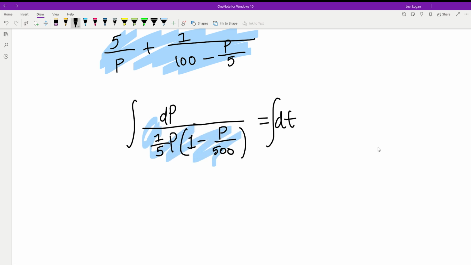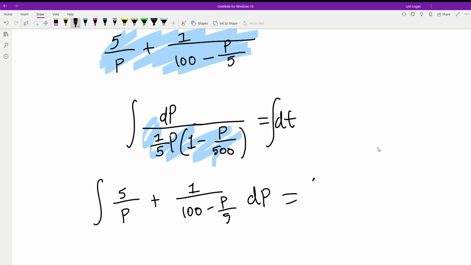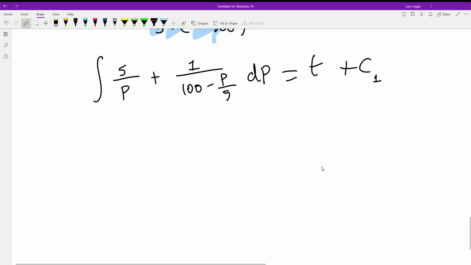So we have the integral 5 over P plus 1 over 100 minus P over 5 dP. The integral here is just going to be T. And we'll just leave a constant here for now, okay? Constant 1, okay? Now here, integrating this, we can integrate them separately.